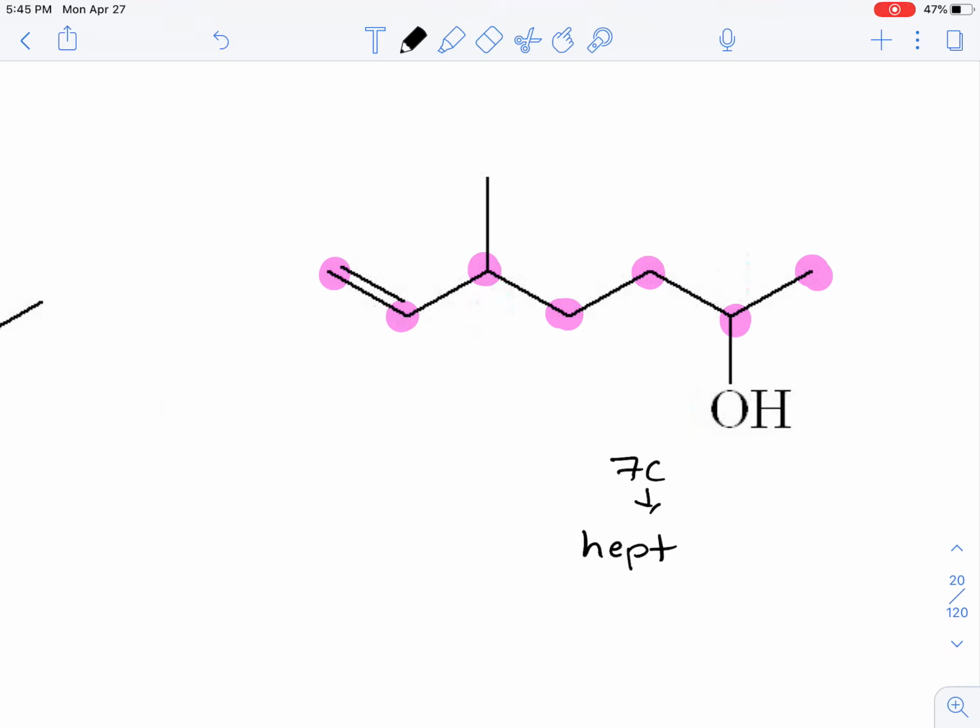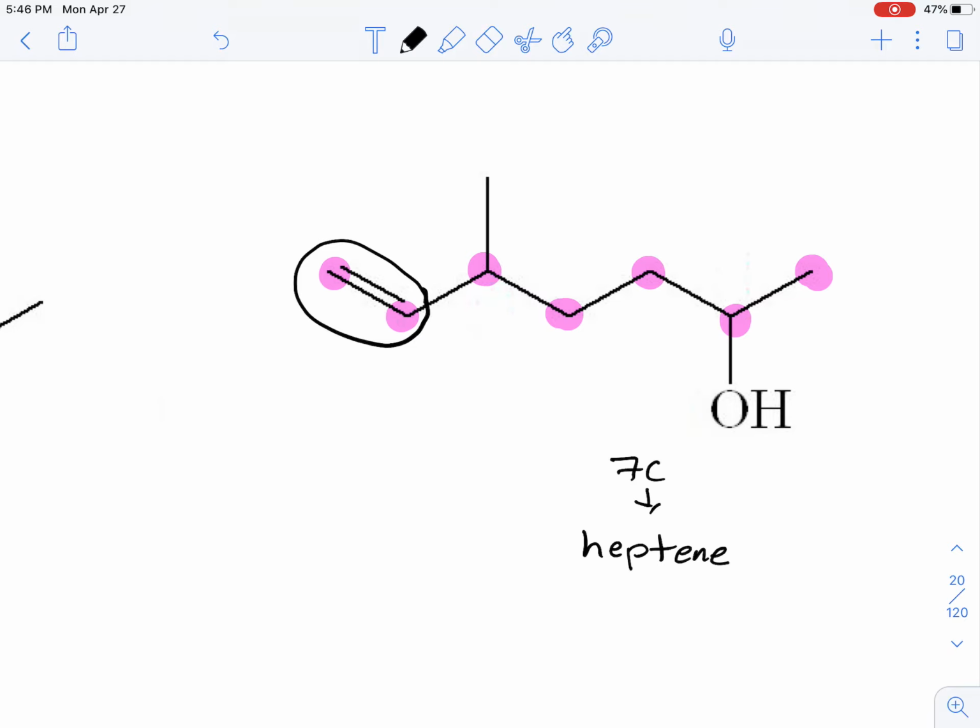Notice that there is a double bond present on this parent chain. So this is not going to be heptane, this is going to be heptene. We're using the ene ending.